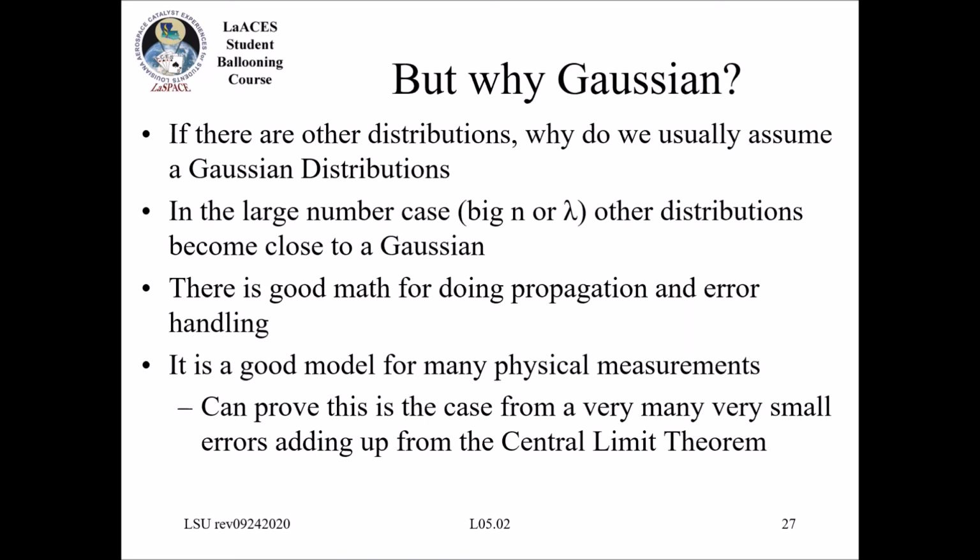And it turns out that's a pretty good model for a lot of actual physical measurements. That has to do with the fact that if you have many, many random errors adding up, it will become a Gaussian. That is called the central limit theorem, if you wanted to look that up, but by no means do you need to know the proof of that.